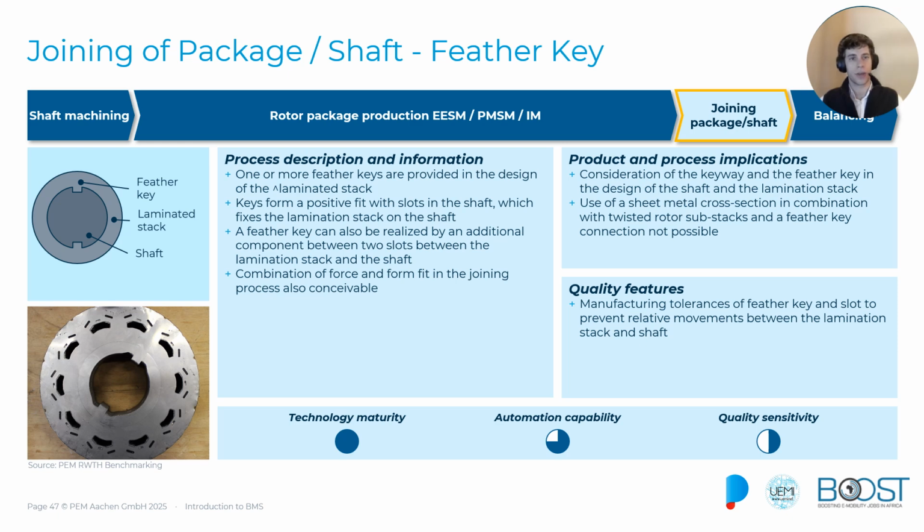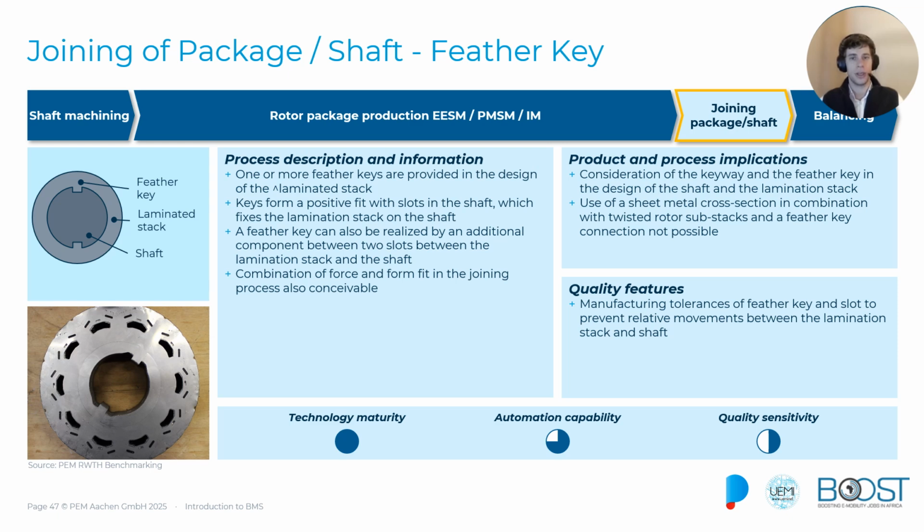Using a feather key to join a rotor package and shaft involves inserting a small rectangular key into a lined slot on both the rotor and the shaft. The process begins by machining keyways on the rotor bore and the shaft surface, or the opposite.